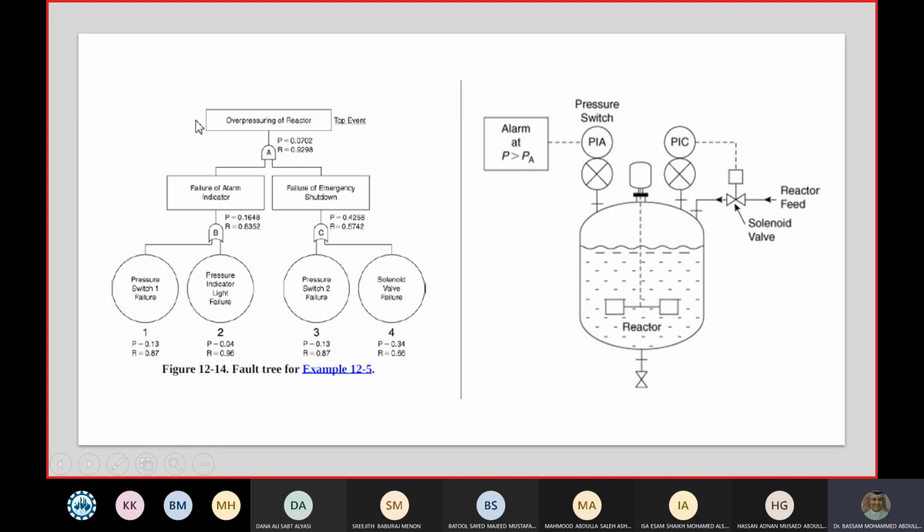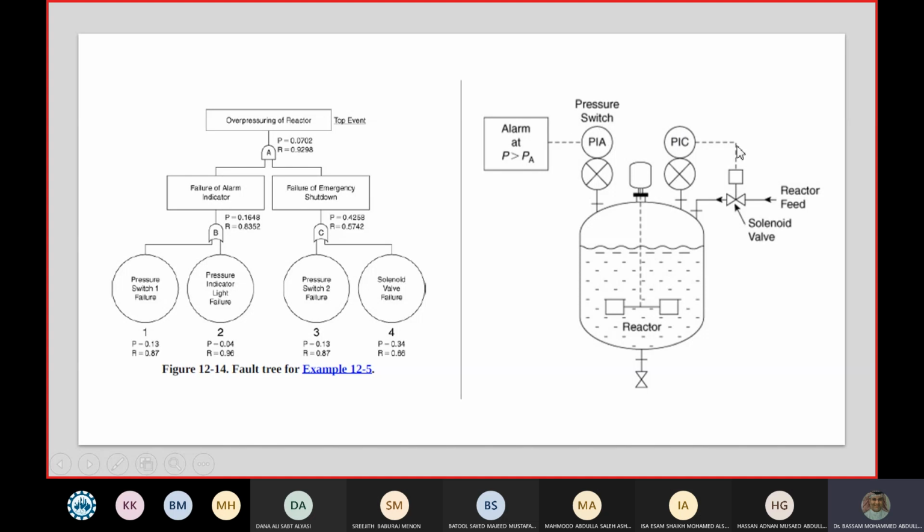Now, what does the system tell me? It tells me that I have an overpressure, and because of the overpressure, I will have this AND gate, which tells me that the reactor will be overpressurized because of the failure of the alarm indicator. Okay, failure of the alarm indicator, that means this here alarm indicator, that PIA. So failure of alarm indicator and failure of emergency shutdown system, that means failure of this PIC.